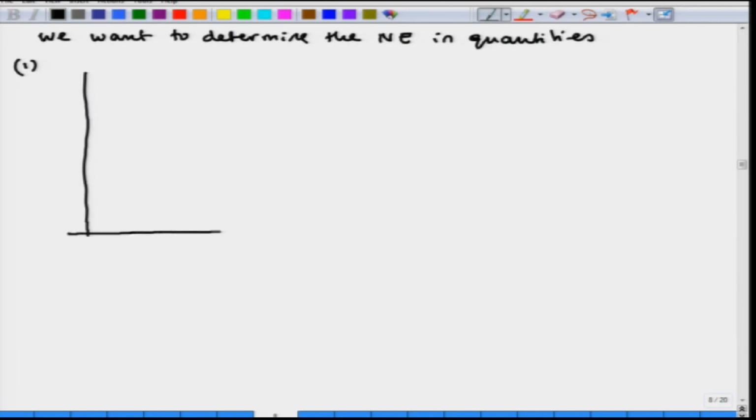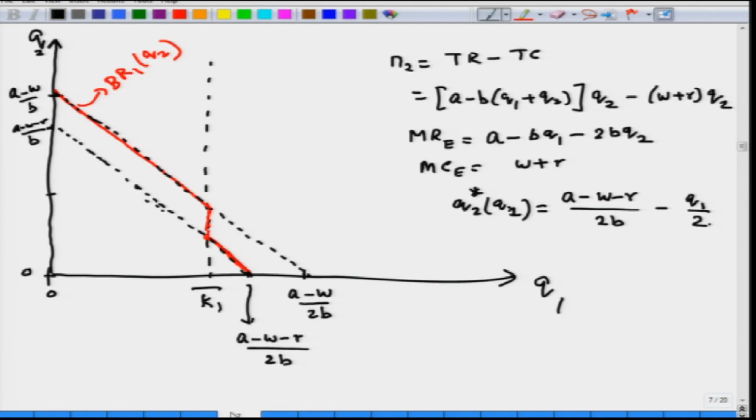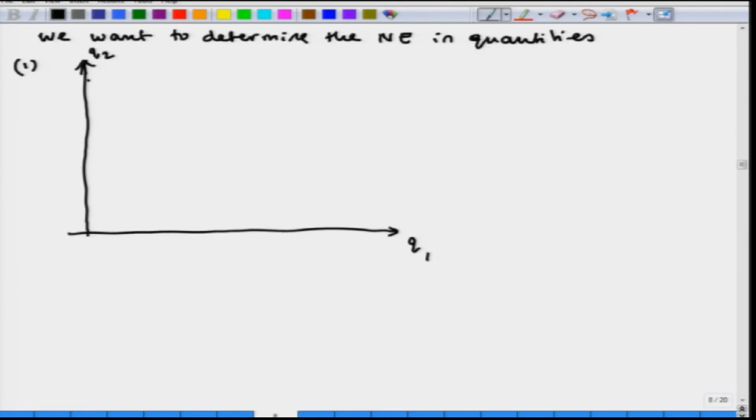So, let us draw Q1 and Q2. We have Q1 and Q2, the incumbent's output and the entrant's output, and I am going to reproduce the best response function for firm 2, or rather, the best response function for the incumbent, right. This is the one where its marginal cost is essentially W. This is the one where its marginal cost is going to be W plus R, right.